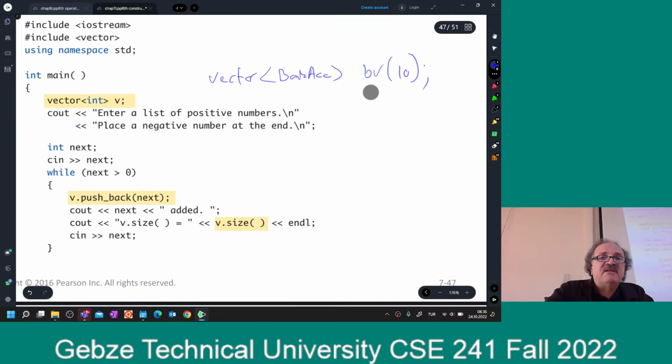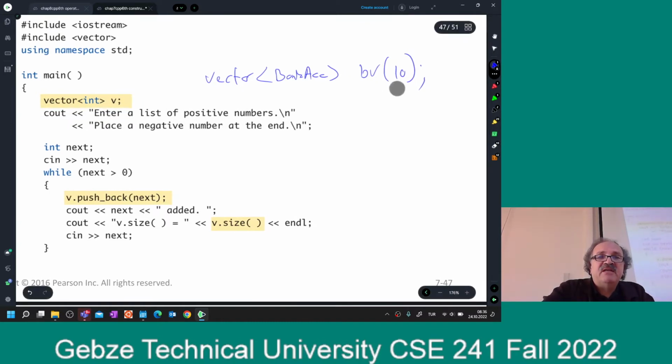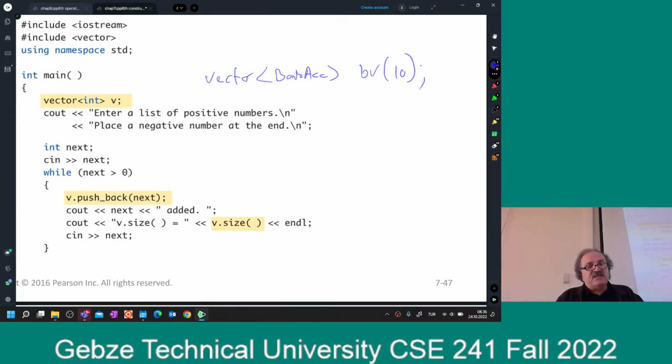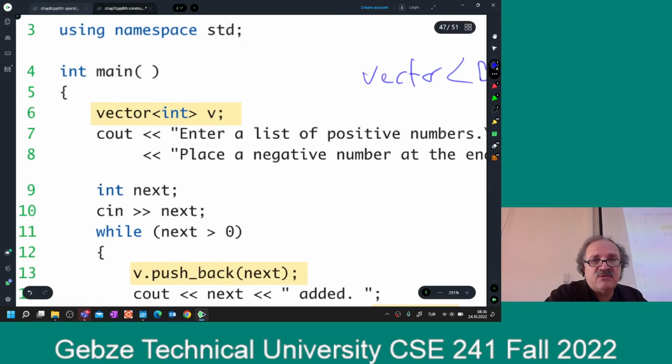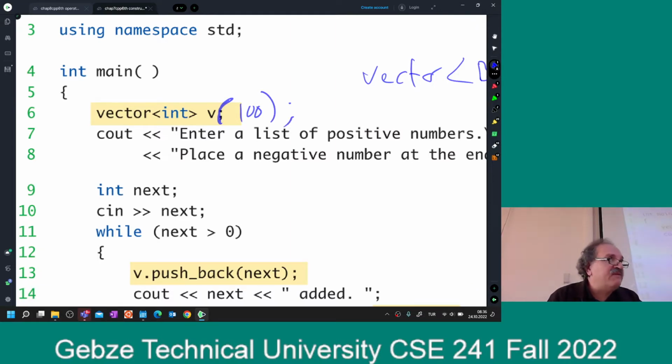If you declare a vector like this, there will be 10 constructors called, and those constructors will be no parameter constructors if you define it. If you don't define it, then the default constructor will be called. And remember, the default constructor calls the no parameter constructor of all the data members of a class. So what happens here? I know that v has 100 integers in it, but what are the initial values?